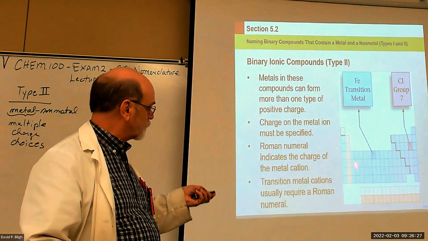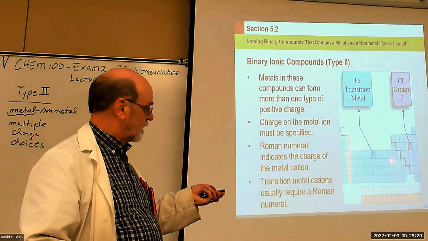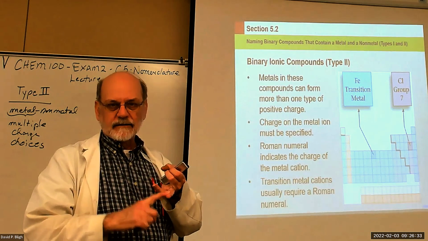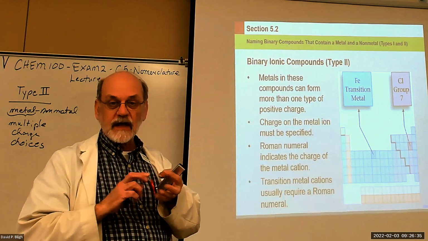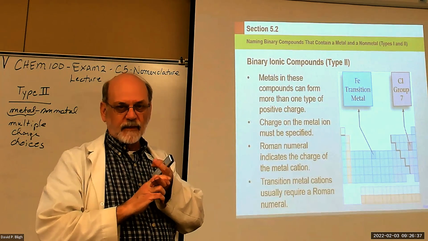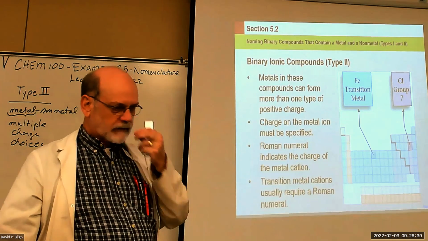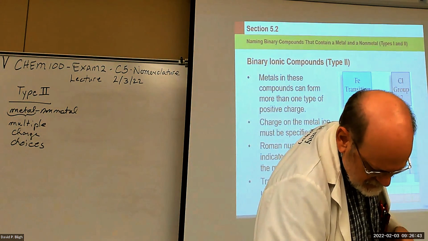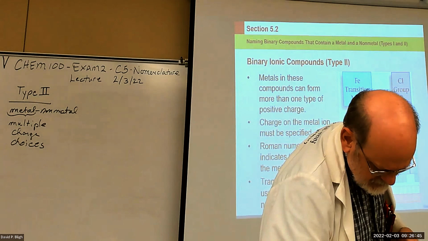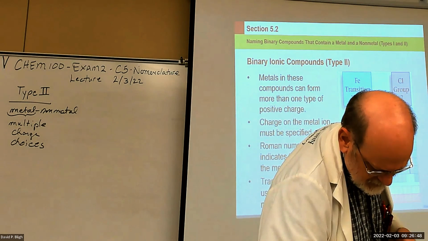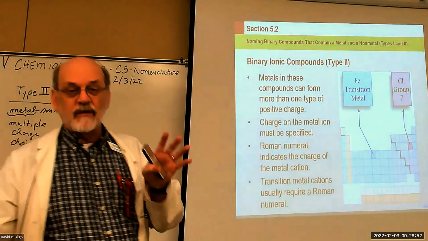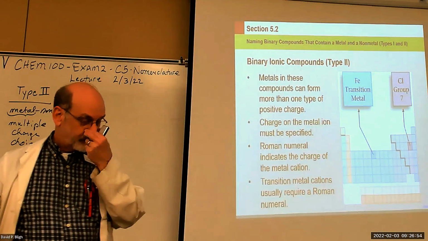They'll come from this central region right here. Except for silver, zinc, and cadmium, because they only have one possible charge. But the rest of them, I'm pretty sure the rest of them are, let's see. Okay, there are 1 or 2 others, but I didn't have you memorize those, so you don't have to worry about them.